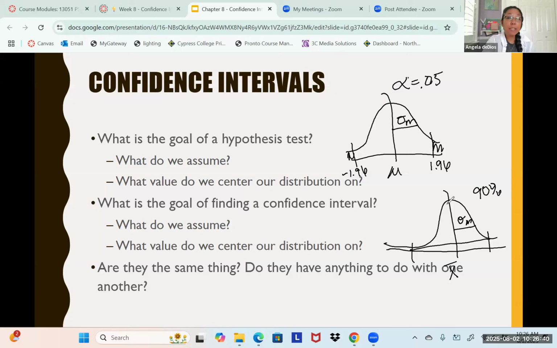If I'm looking for a 90% confidence interval, then I've got 5% in each tail, and my critical values are going to be 1.65 instead of 1.96. So these two are related, but they don't necessarily use the same z values. You have to make sure to calculate them separately.